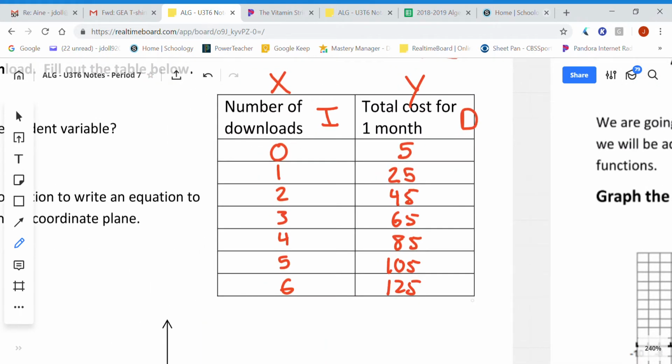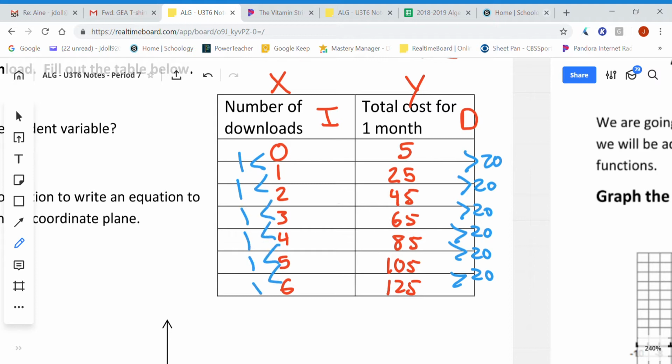$125. Now, what's important to notice here is that the rate of change is not 25, which can be easy, go 5, 25, and then go 50. If I look here, that's an increase of 20, 20, 20, 20, and 20, for an increase of 1, 1, 1, 1, 1, and 1 download, right?